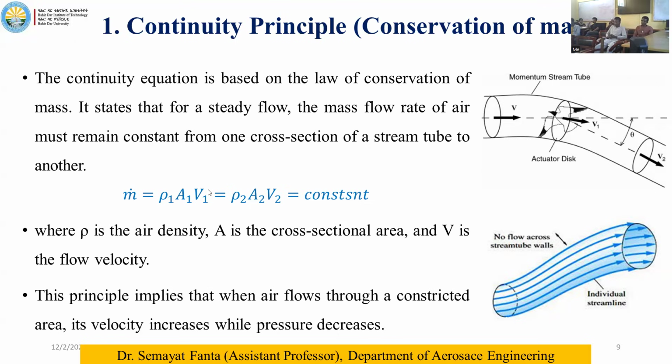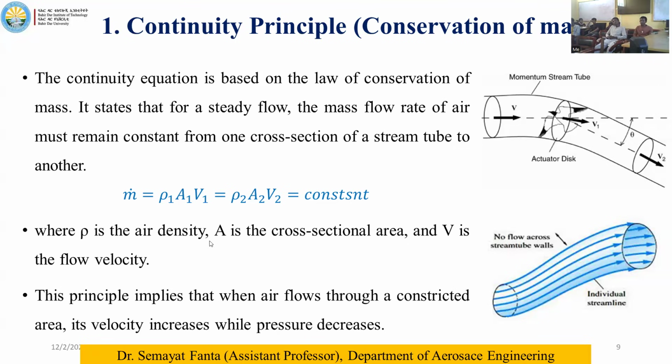In the exhaust, there is a convergent divergent nozzle which has a narrow section, which we call the throat. So area 1, area 2, area 3, you can take different sections and make the analysis. The mass flow rate, or m dot, is what we call the continuity principle.